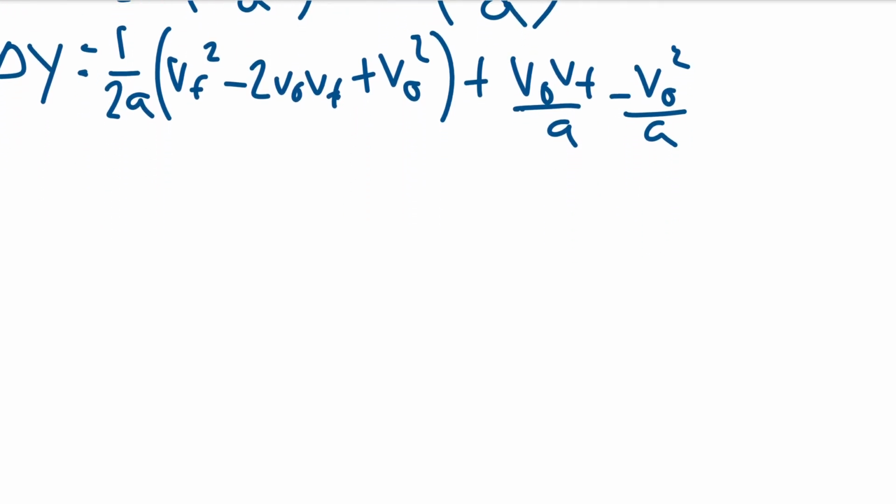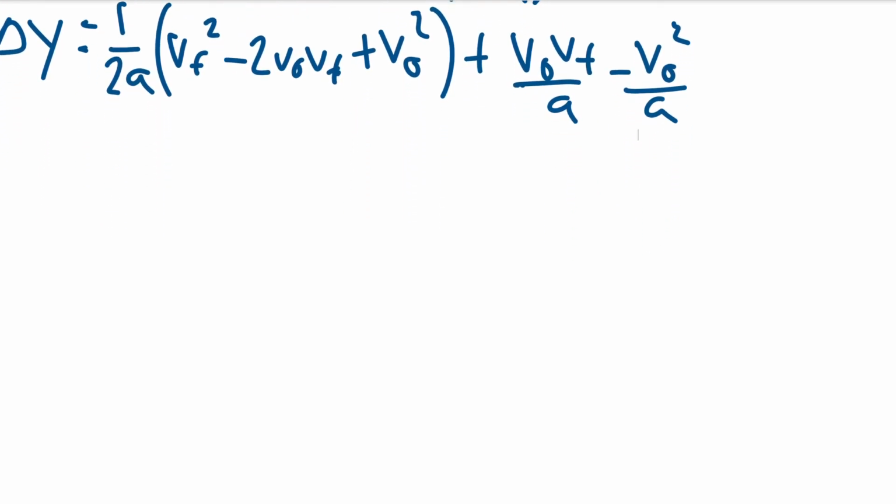So I'm going to take that a step further and combine the terms again, and in doing so, if I multiply through the 1 over 2a, I get vf squared over 2a minus v naught vf over a, which is going to cancel with the v naught vf over a outside of the parentheses.